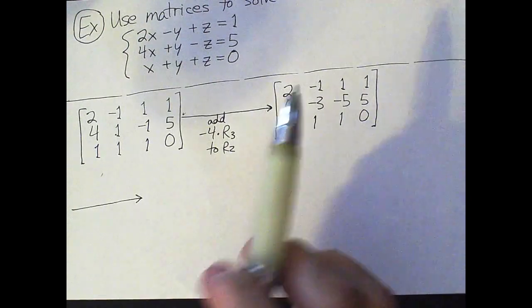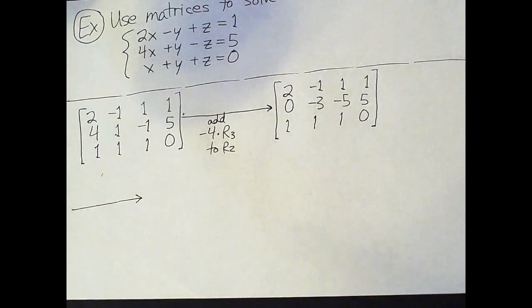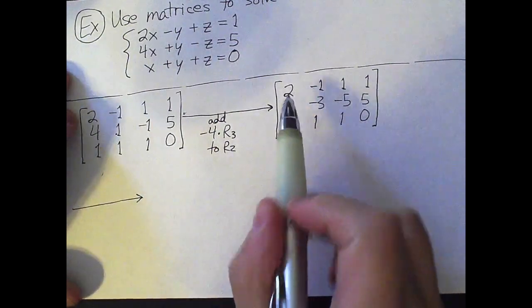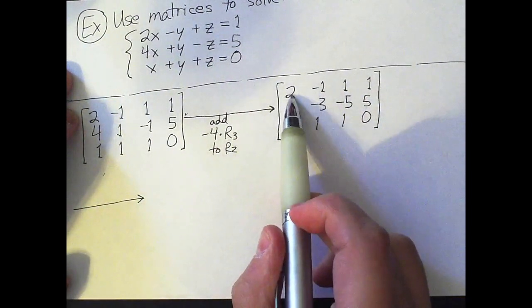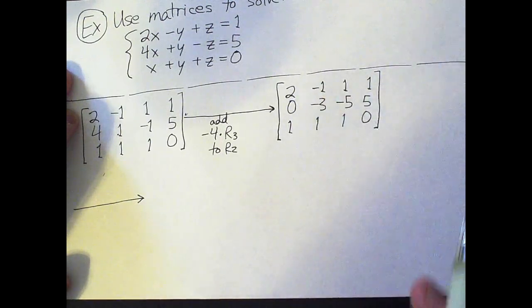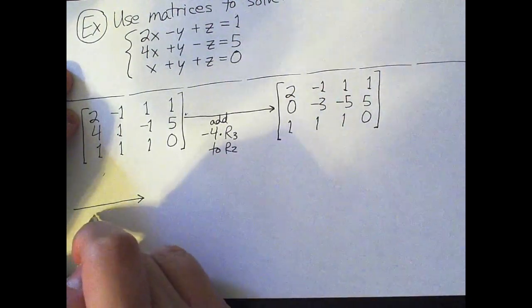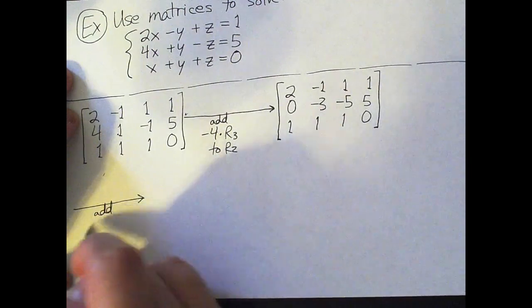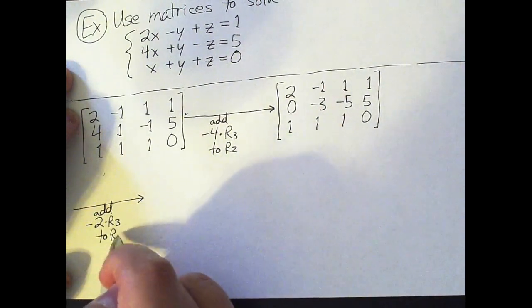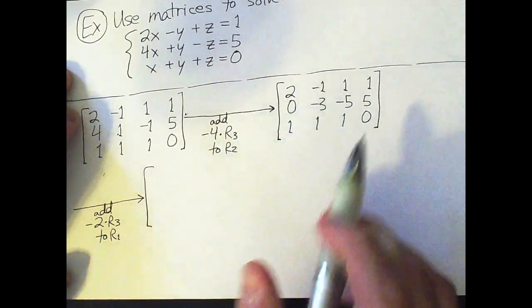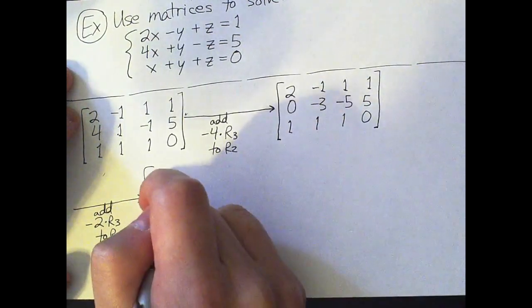But remember, in some of the problems we've done, I've shown you little things you can do to avoid fractions sometimes. What if instead of getting rid of this 1, we get rid of this 2? And then later we can interchange rows. So I decided to add negative 2 times row 3 to row 1. I'm going to get that 2 to become a 0.